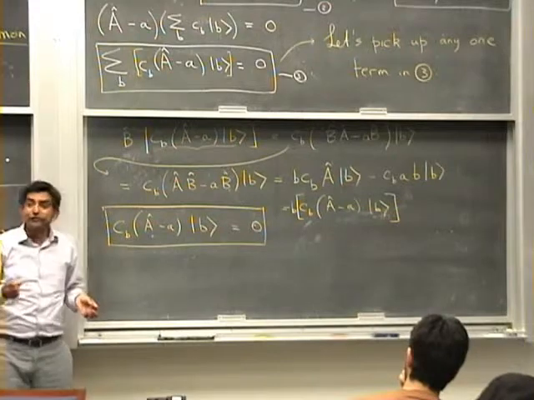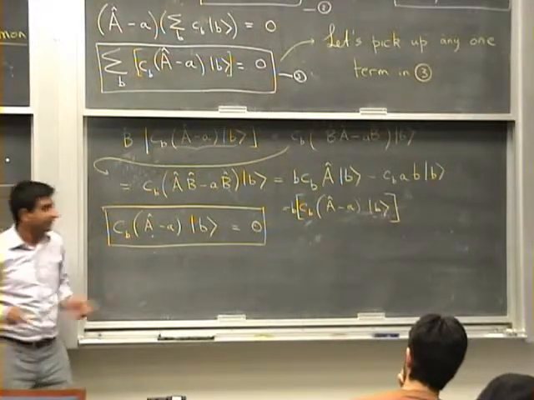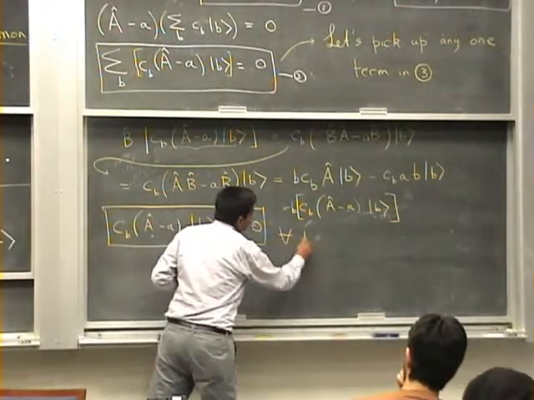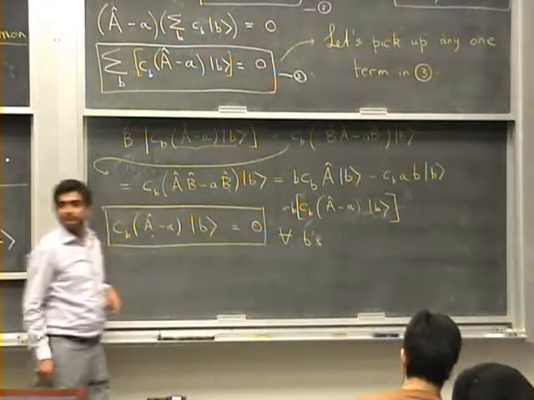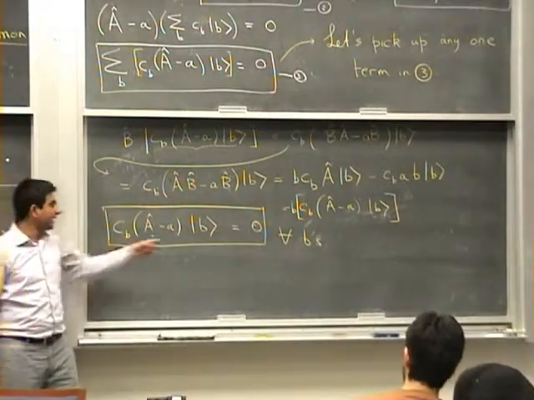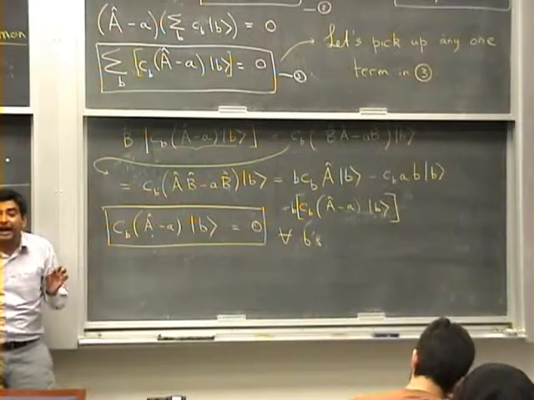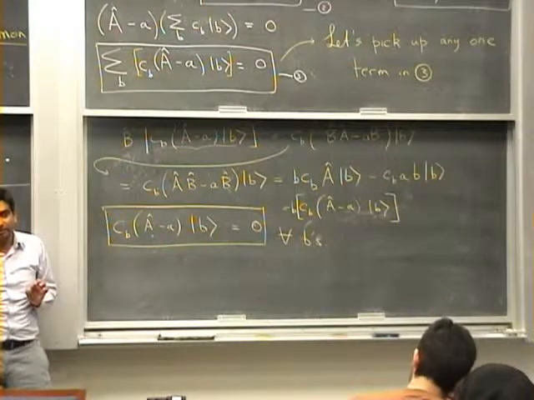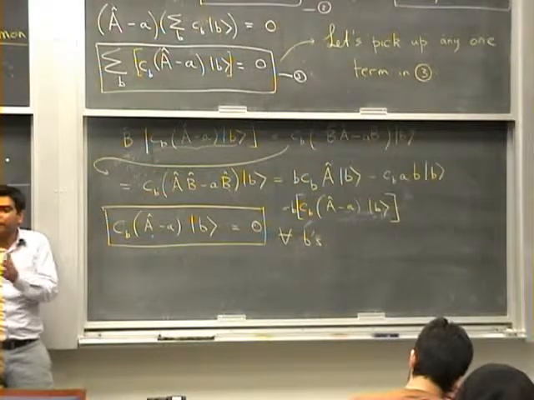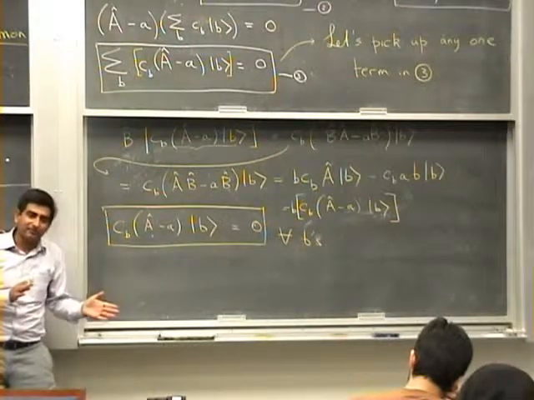This result is true for all b's. Any b. You can have |1⟩, |2⟩, |3⟩. Each one of these terms must be identically equal to 0. Only then can you have a sum of orthogonal terms which is 0.